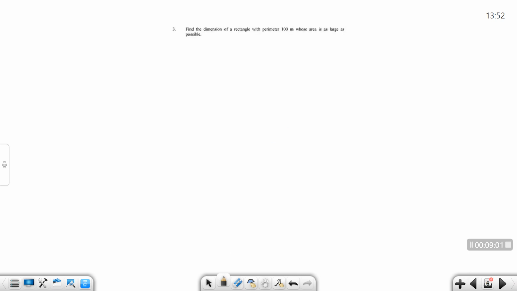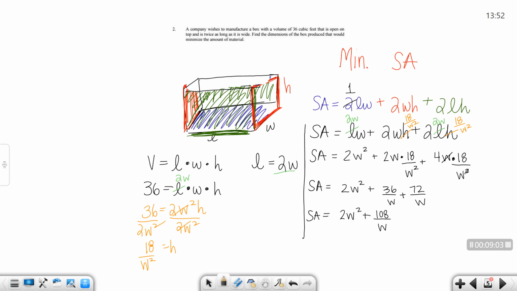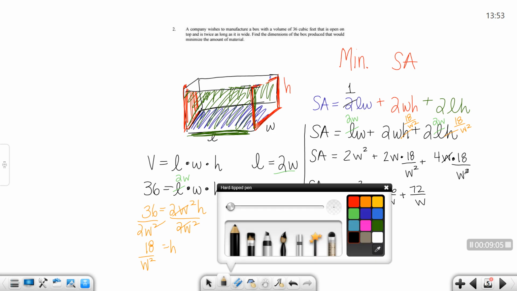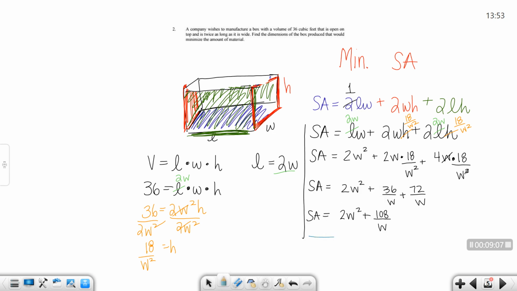Let's go back. Okay, the formula for which I have to optimize is this one here in blue. Well, I know that W can't be 0 because if W was 0, I would get something that's undefined here. So I don't have to worry about W being 0. So that means that W being 3 is going to be my answer.